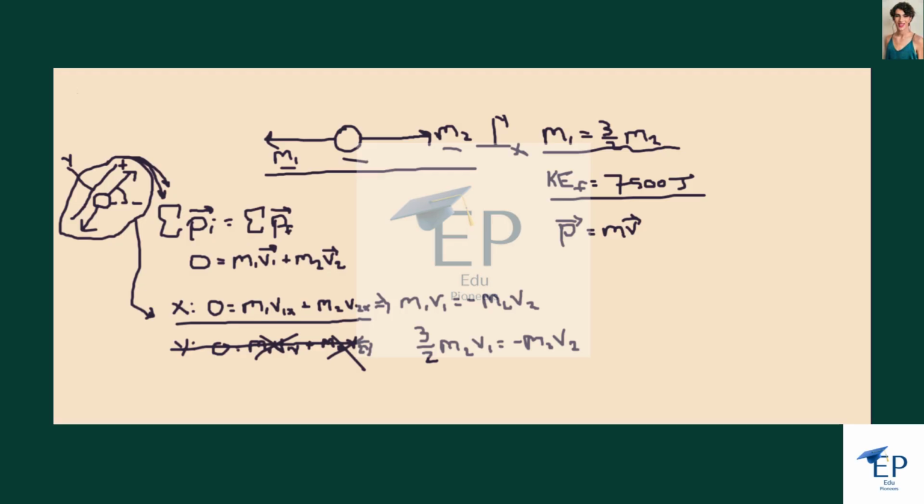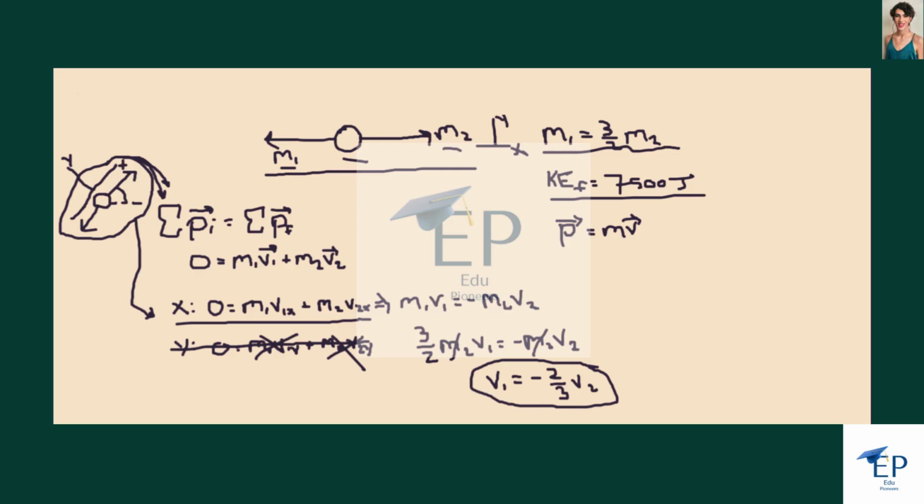And you'll notice now we have an m2 on both sides of the equation, so we can cancel that out. Now we have an equation just in terms of velocity, and we can solve for either velocity. I am going to solve for v1. v1 is just negative 2/3 of v2. And that is important, so we can circle that.